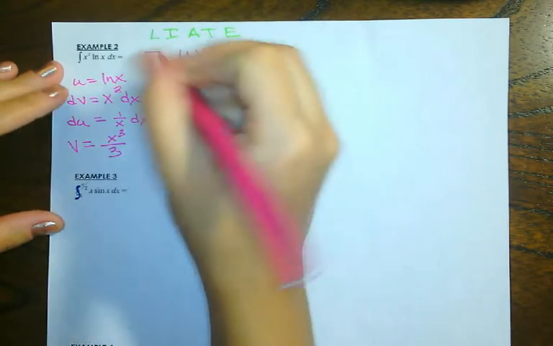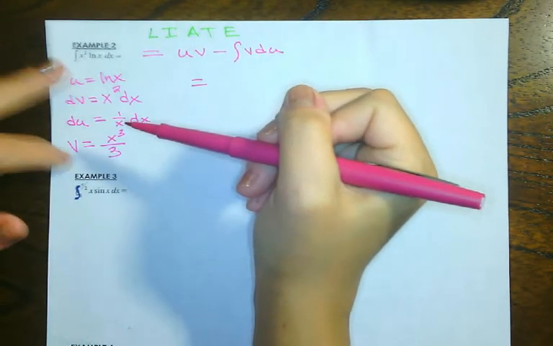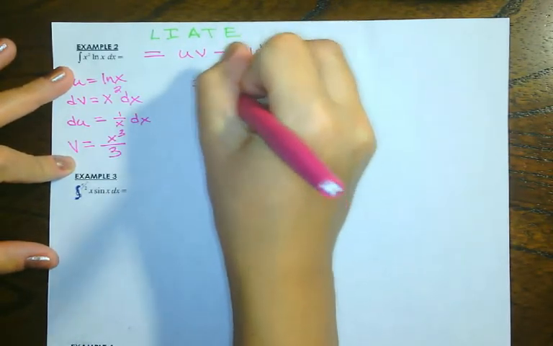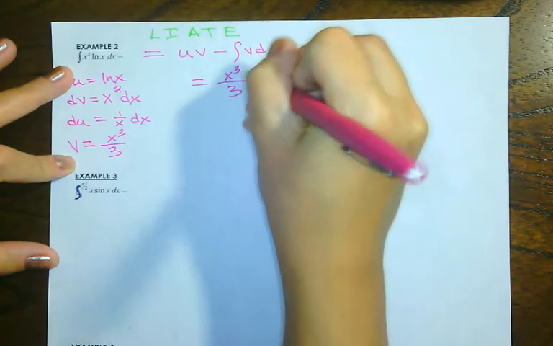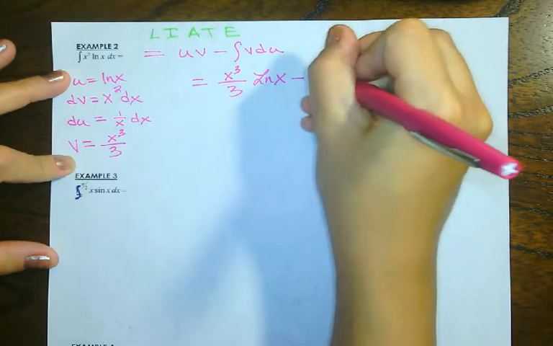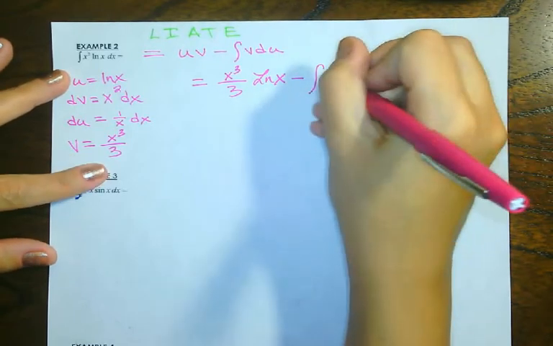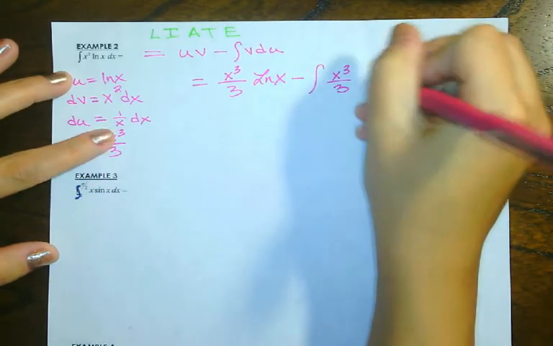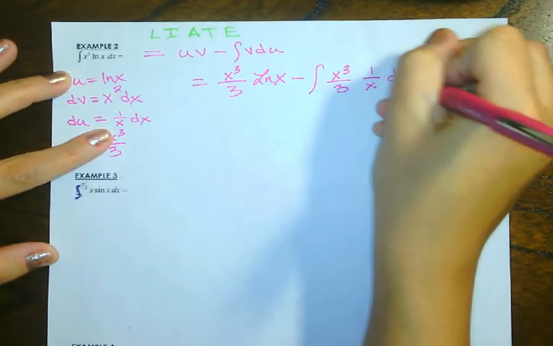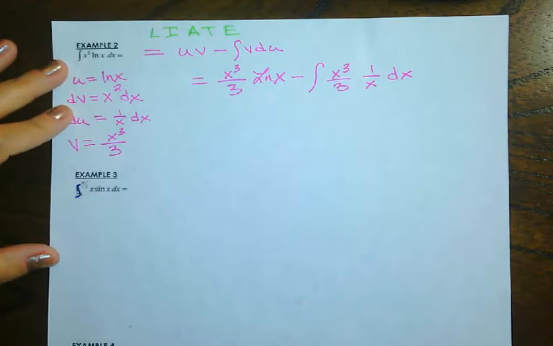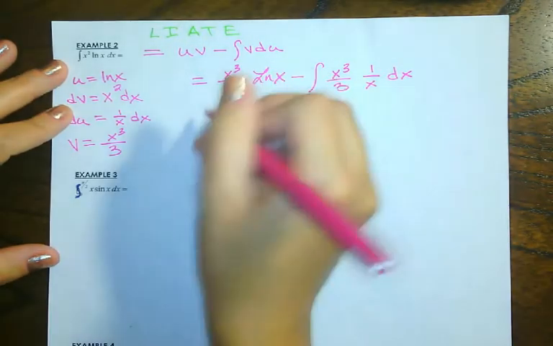So let's see, this is going to be uv, so it's going to be these two. And obviously multiplication is commutative, so that's uv, minus the integral of v du. So that's this du, 1 over x dx. Now again, before you start integrating things, it's probably worth your time to simplify, do what you can to clean it up.